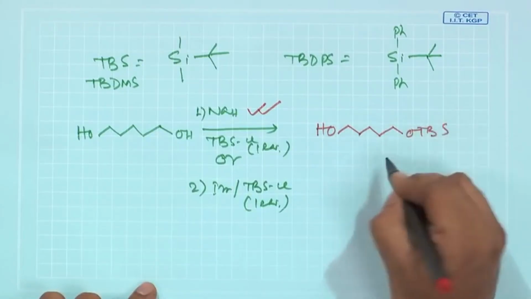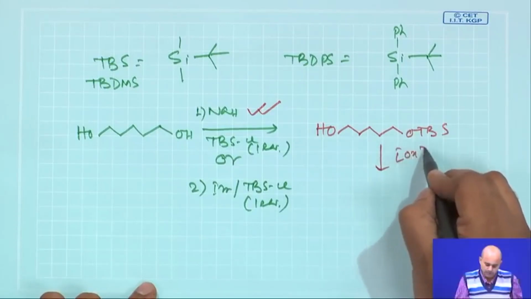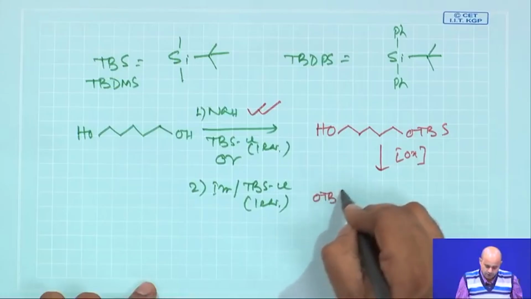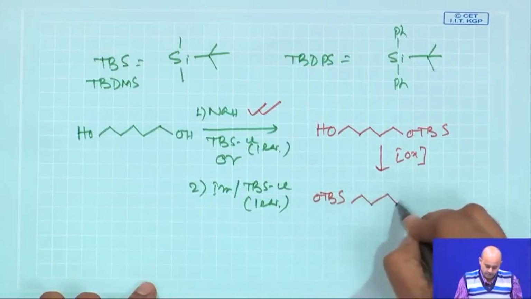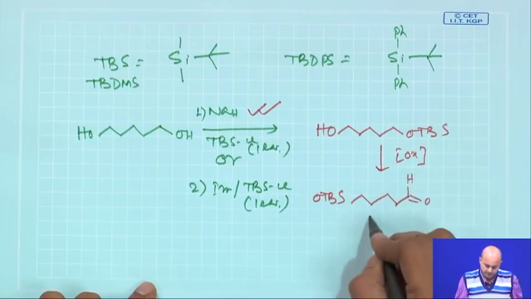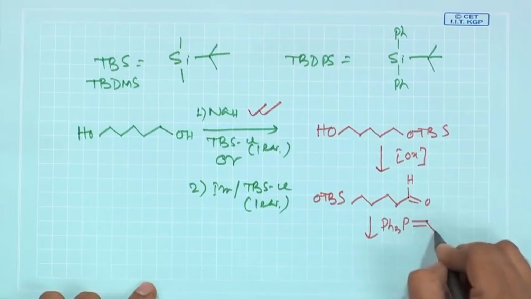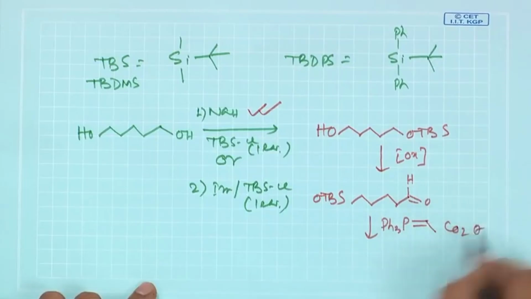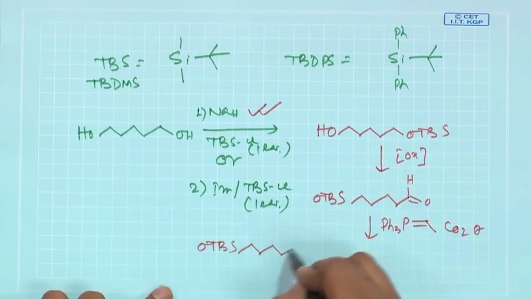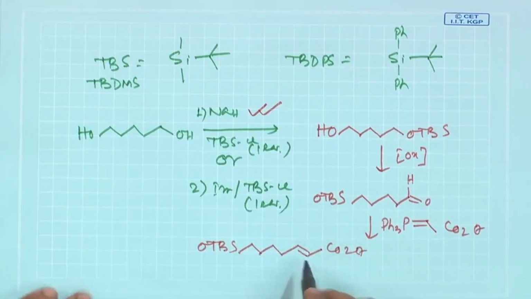Next, your job is absolutely simple, you need to oxidize this compound with an oxidizing agent. Any oxidizing agent will do the job, and you basically get the corresponding aldehyde. Next your Wittig reaction will be done and you will get the CO2Et, an alpha beta unsaturated ester.